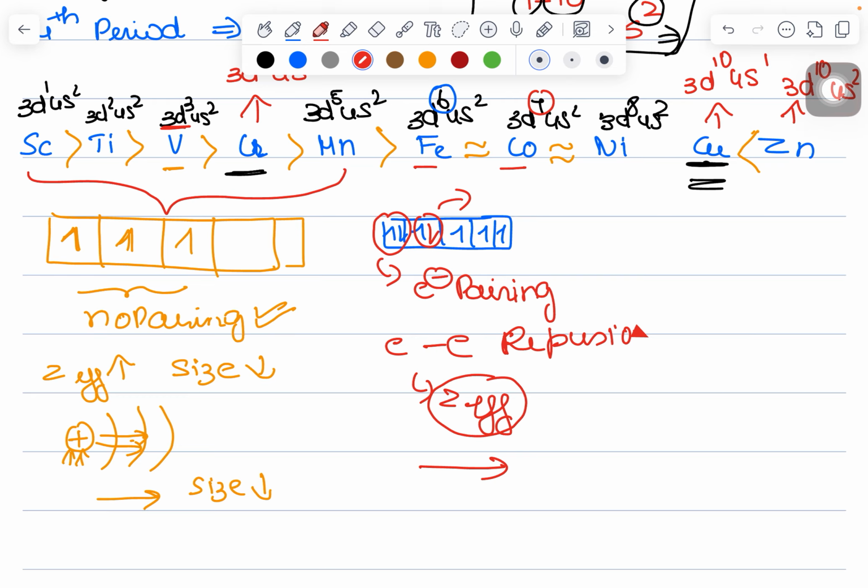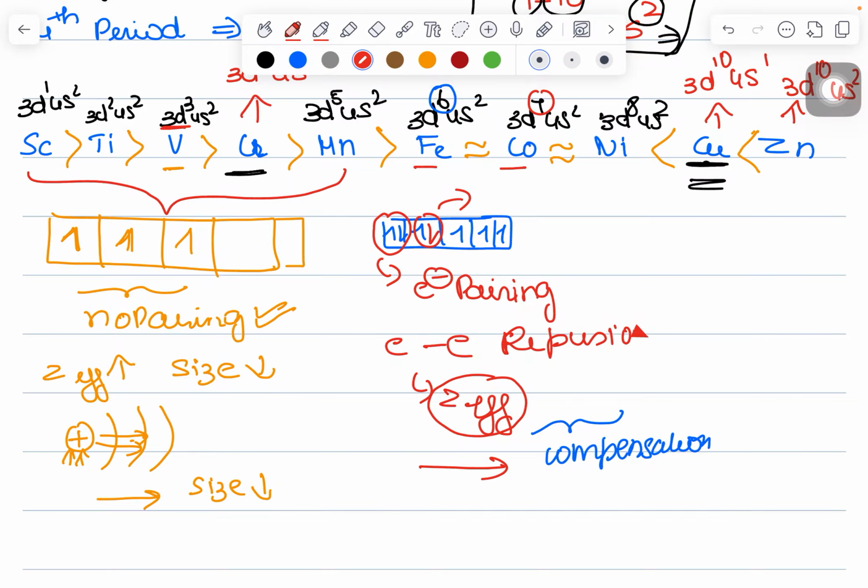So both effects compensate each other. Electron repulsion increases because pairing is taking place, and Z effective also increases. So from iron to nickel, the atomic radius almost remains the same.